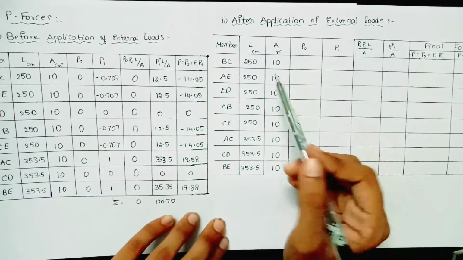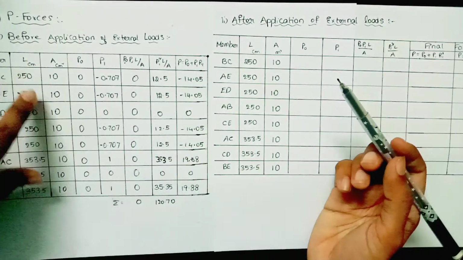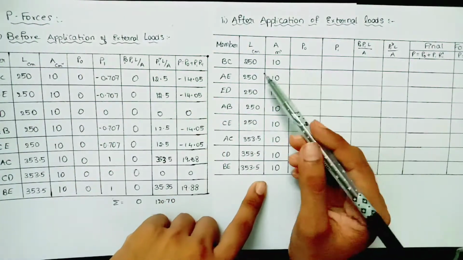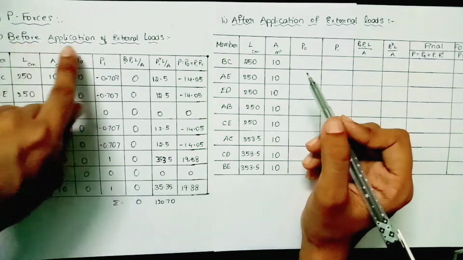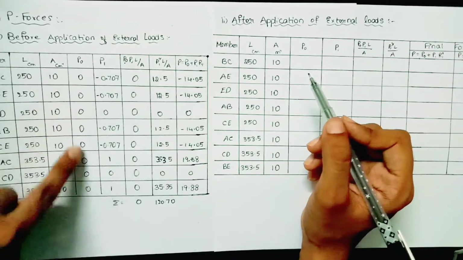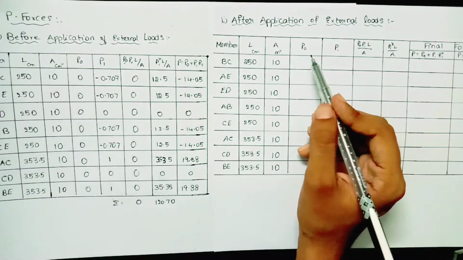So now what I will do is that, again same members I have written here, same lengths and same areas are written here. These values are obtained from the question. So since this is before application of external loads, there won't be any P0 forces, but now there are external loads and there are P0 forces.